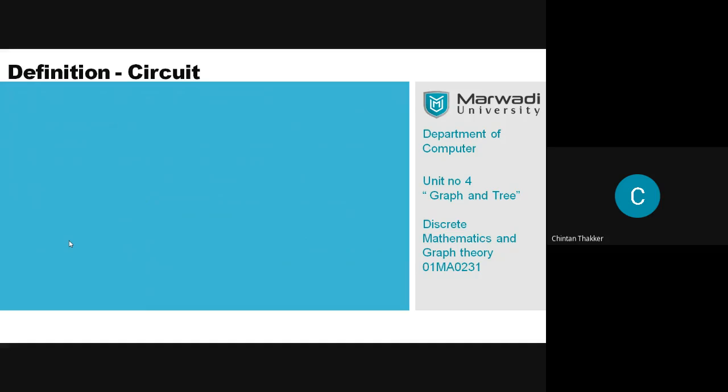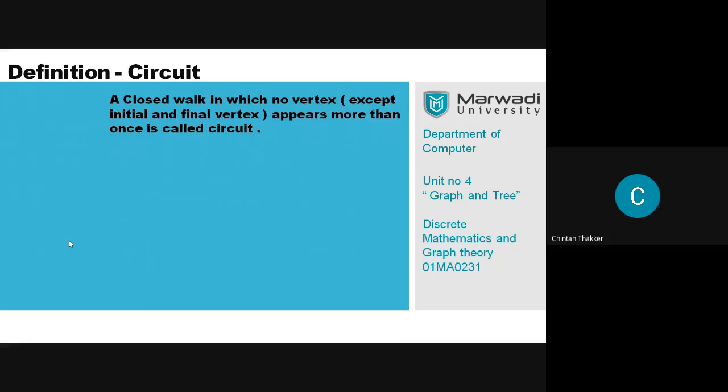Now next we have the definition of circuit. Now what is a circuit? A circuit means a closed walk in which no vertex appears more than once, except the first and last. It is closed, which means the first and last vertex are the same, but the vertices in between are not repeated.